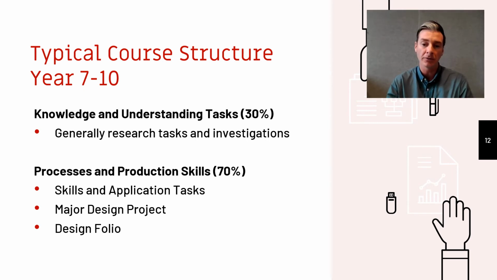The other component is your process and production skills, generally around 70% of the course. That'll be skills and application tasks, so you might be learning how to use certain equipment and tools. There'll be a major design project, quite often 2 or 3 of these over a semester, and a supporting folio that goes along with that work, which links back to the design thinking we were talking about a little bit earlier.